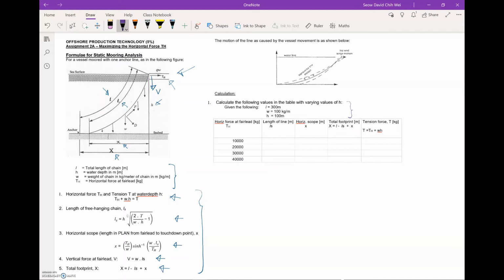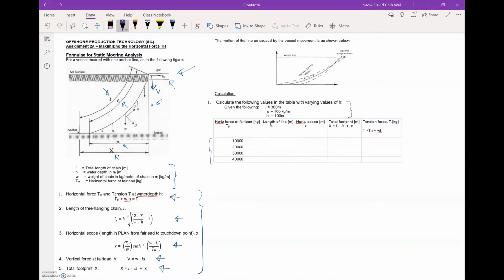In the table, we are given various values of TH, the horizontal force at the vessel, and we're supposed to populate the cells: length of line, horizontal scope, total footprint, and the tension force respectively. Then we can plot some graphs and see the relationship between the various values.